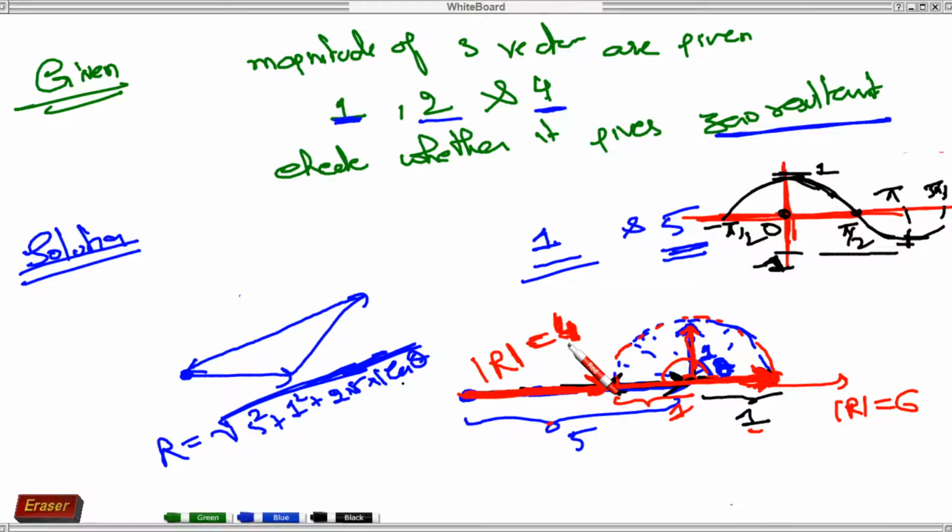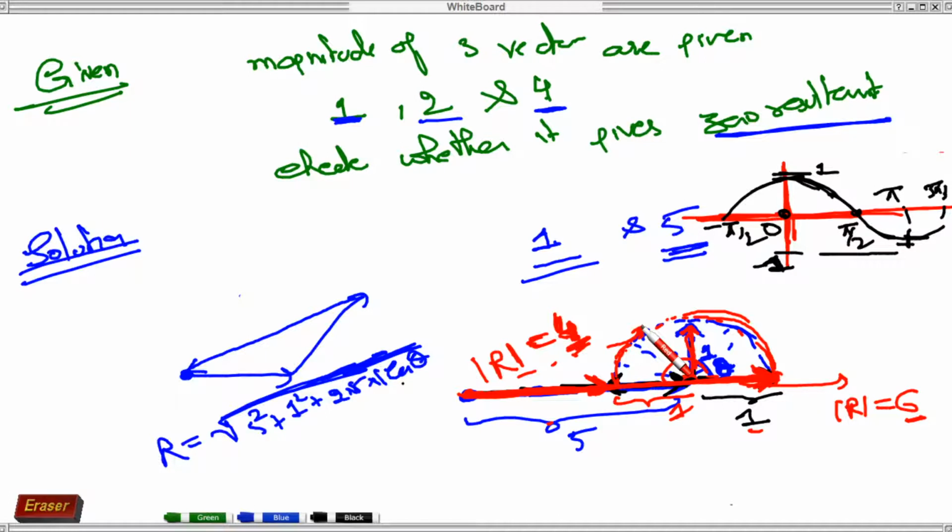So the minimum resultant magnitude is 4. If this vector is at any position in this semicircle, the resultant will be more than 4 and less than 6, because everything is measured from this point.